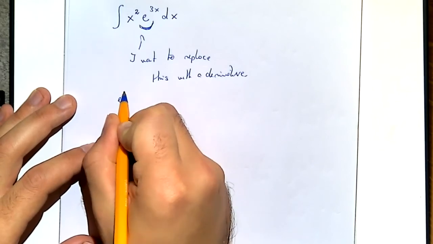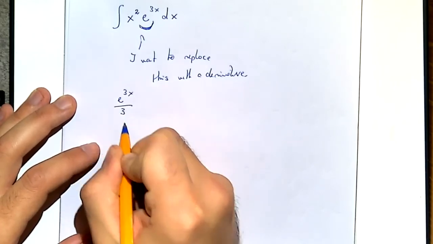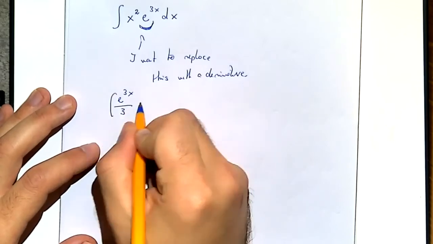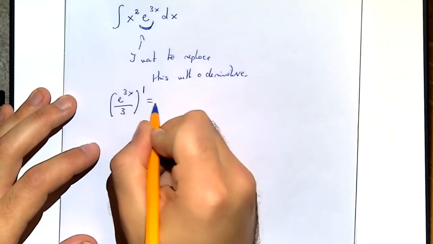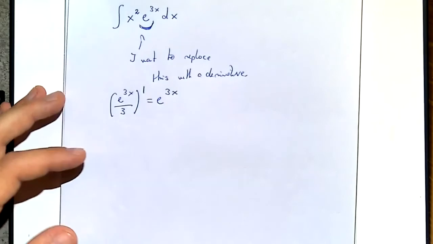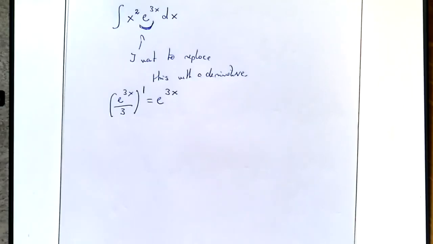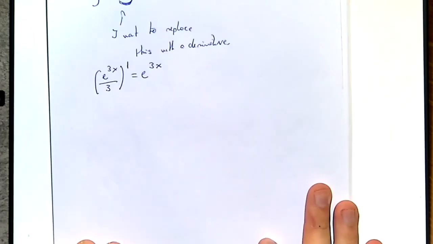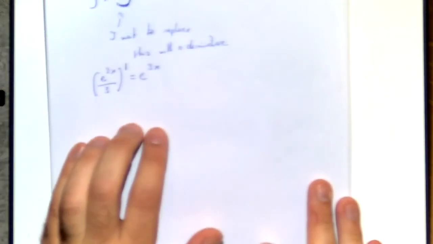It's just e^(3x) over 3. If I take a derivative of this, I will get e^(3x). Does everyone follow me on this? Okay, it kind of makes sense up until now. I'll assume hopefully yes. So I noticed this. What do I do now?